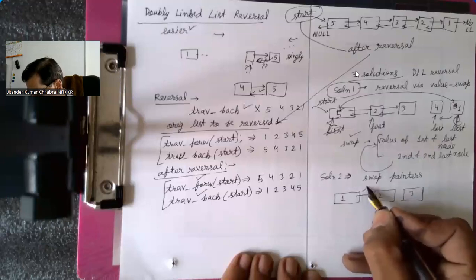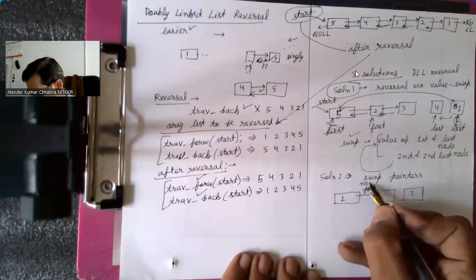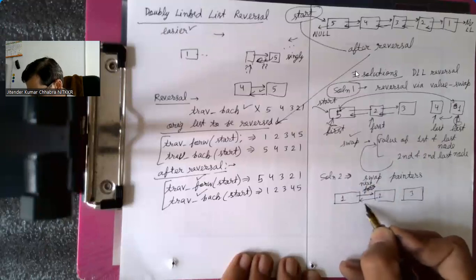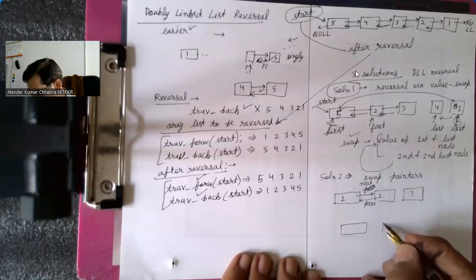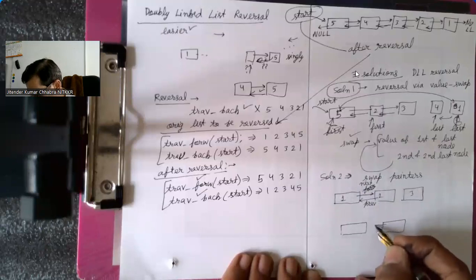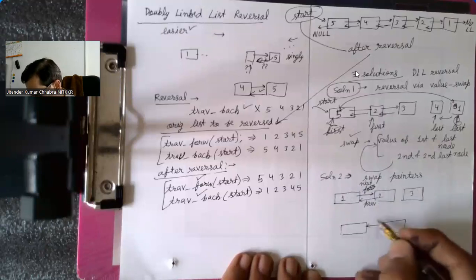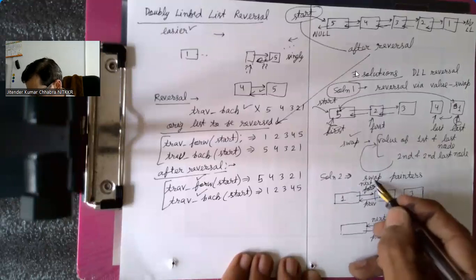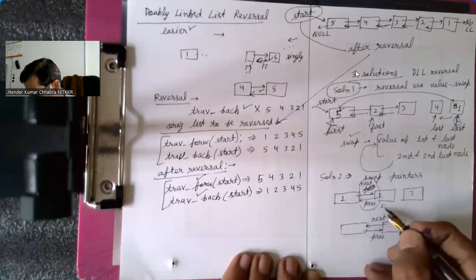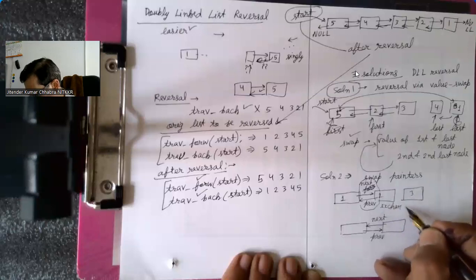Initially, this is my forward pointer, or I will say this is my next pointer, and this is my previous pointer. I can think of saying that now I can have reverse. This becomes my next pointer, and this becomes the previous pointer. So these two have been exchanged or swapped.